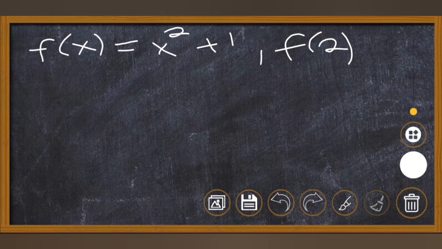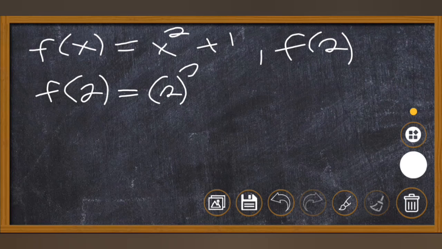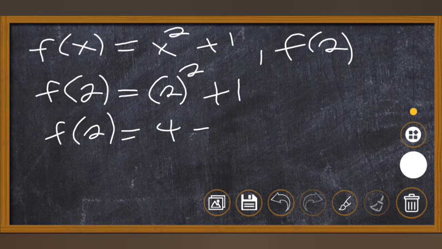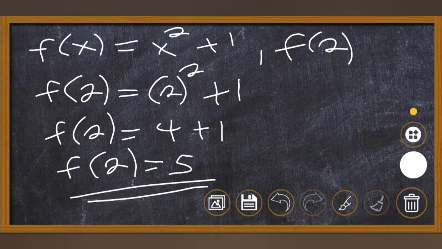So let's do that. We're going to have f of 2 equals 2 squared plus 1. Then we know that 2 squared is simply 4, and then we add 1. So f of 2 is 4 plus 1, which is of course 5. So this is the answer.